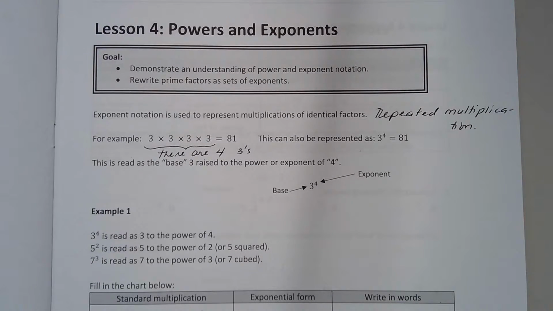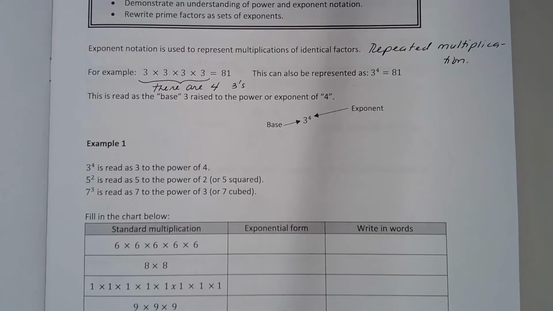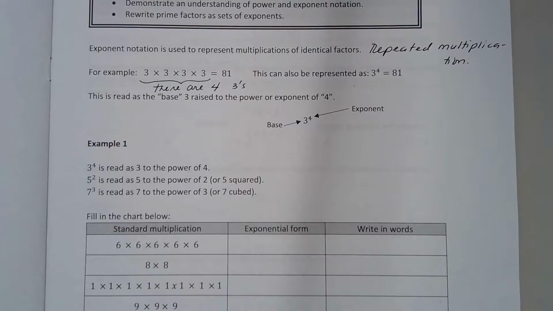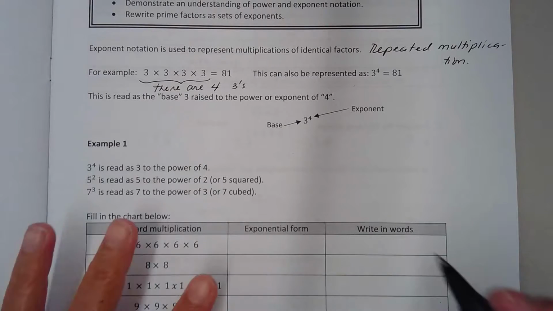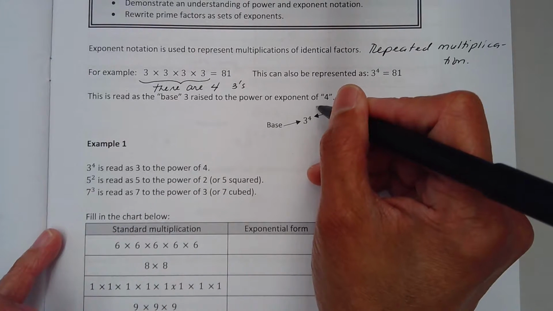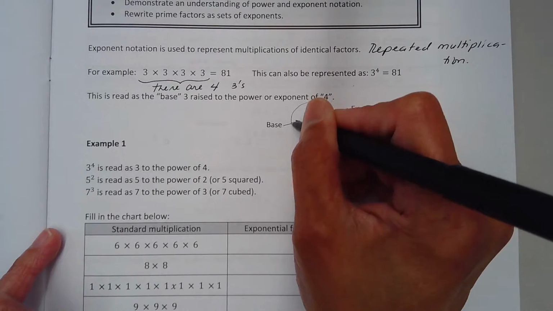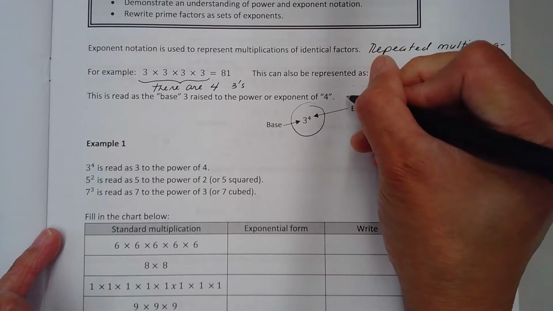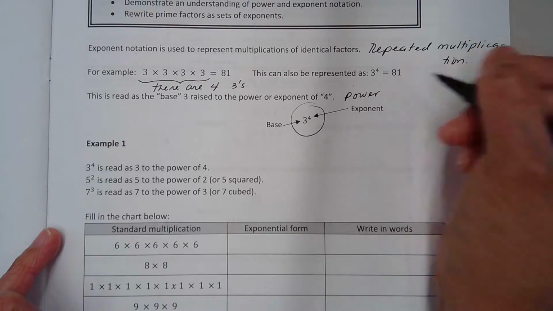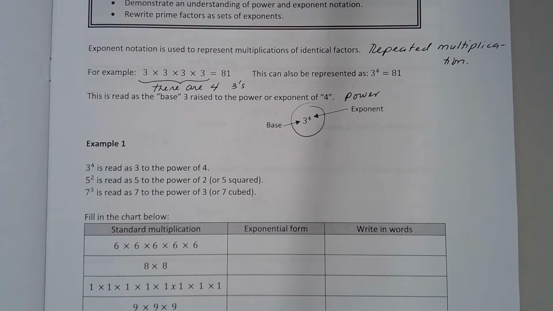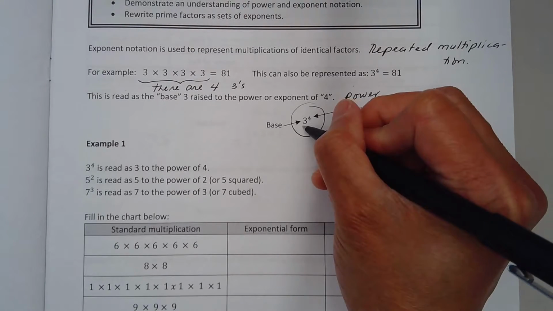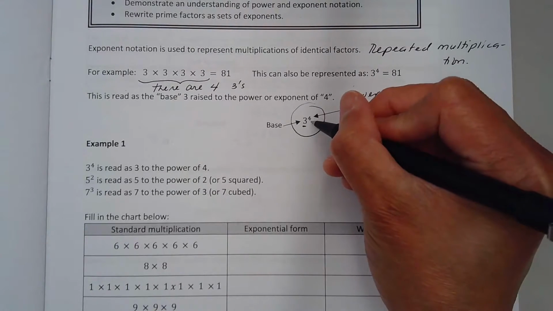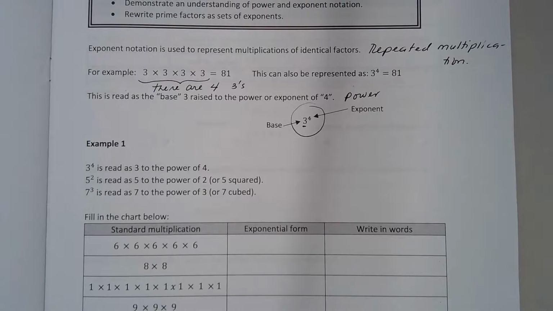We would read it as base 3 raised to the power of 4. The whole thing is called the power, but the 3 is our base and the 4 is our exponent.